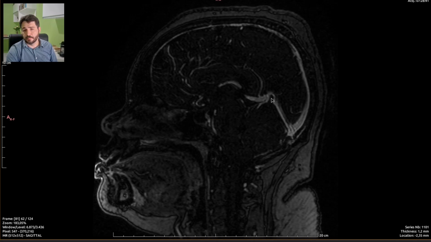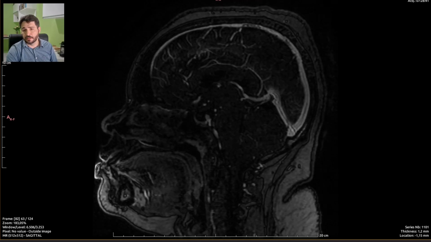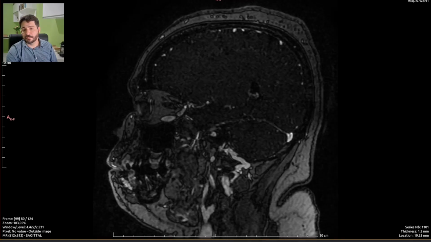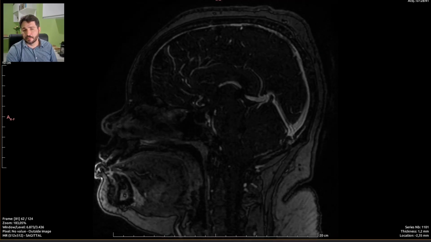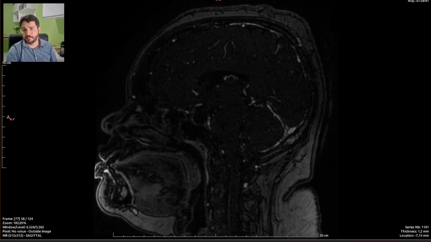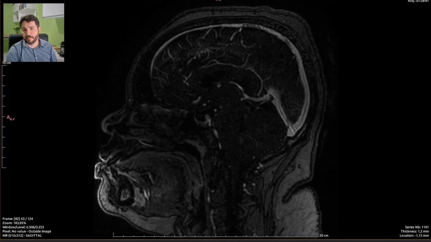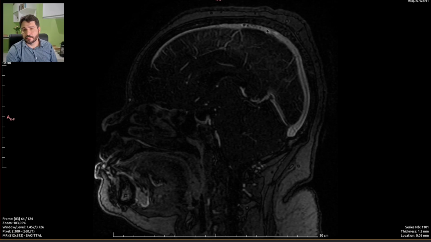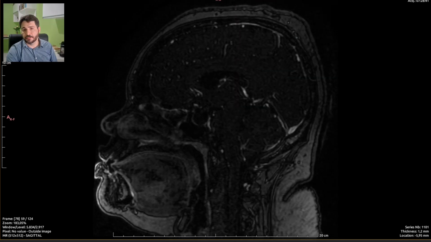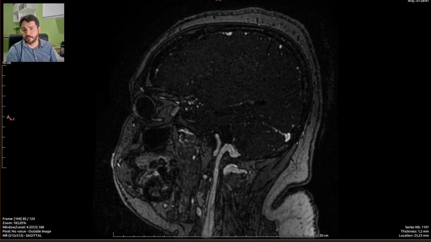We have the cerebral magna veins, the rectum sinus, the straight sinus, and cortical veins seem fine. These are not thrombosis, these are arachnoid granulations, these are normal.